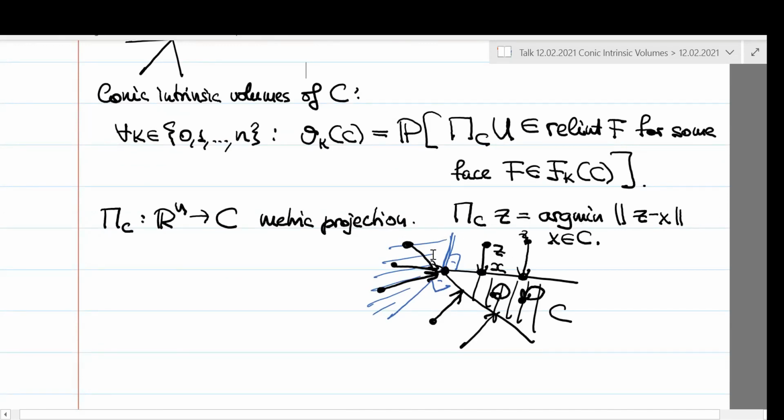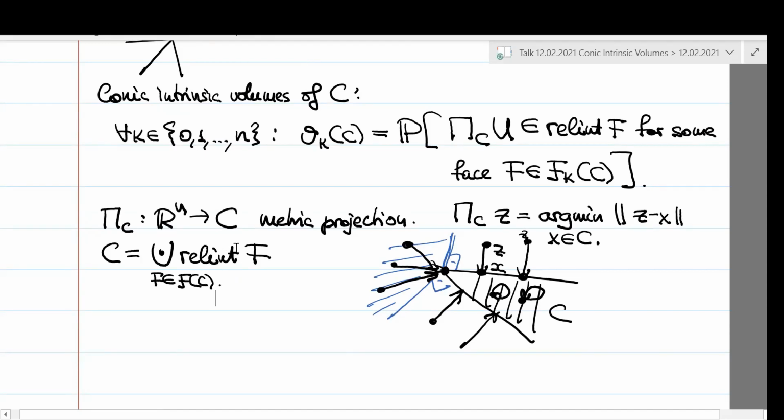The projection belongs to the cone, of course. It is a basic fact that the cone C is a disjoint union of the relative interiors of all its faces.